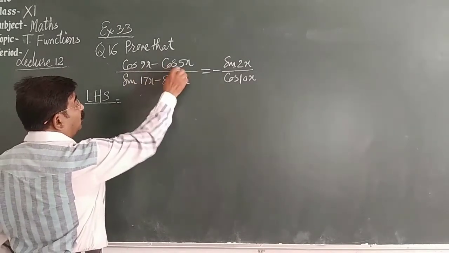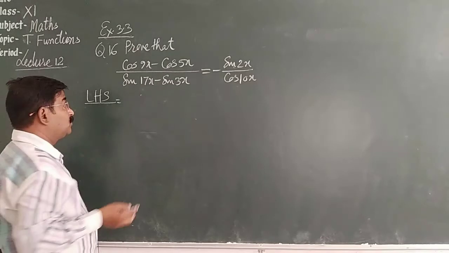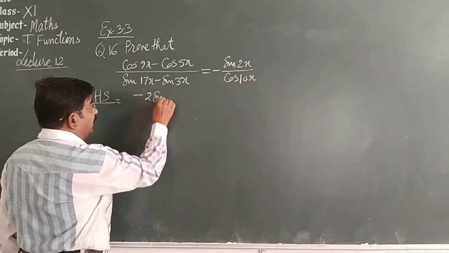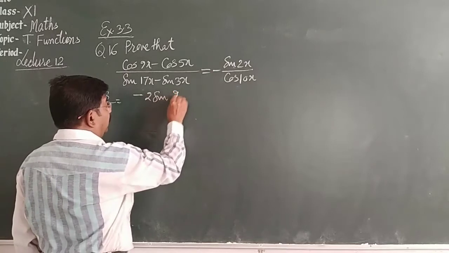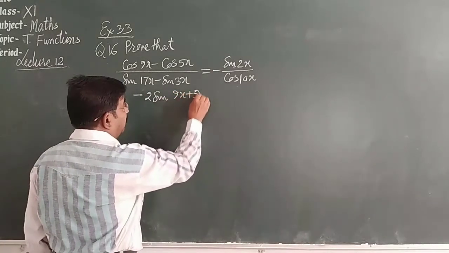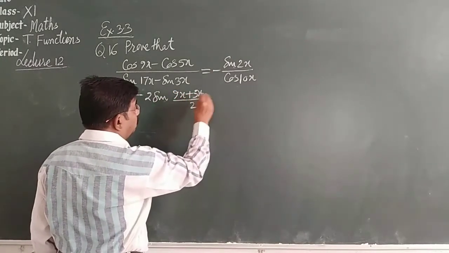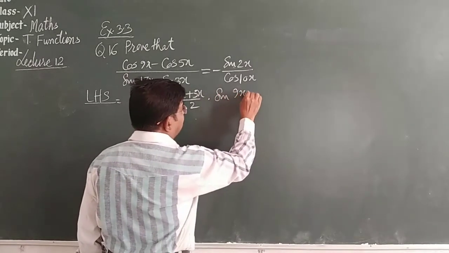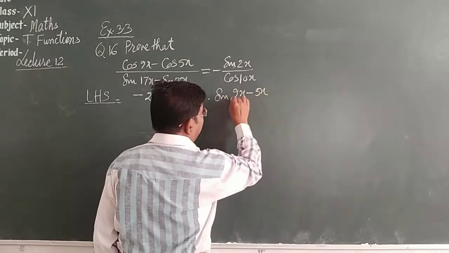Cos a minus cos b, you know, minus 2 sin (9x plus 5x)/2 sin (9x minus 5x)/2.